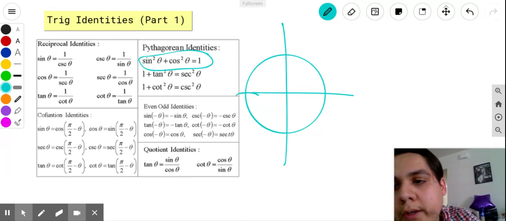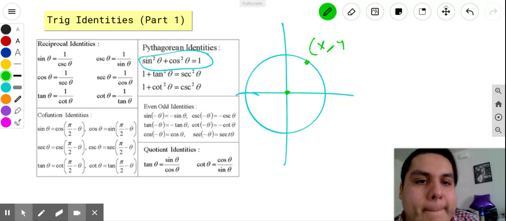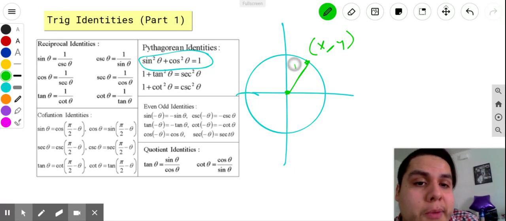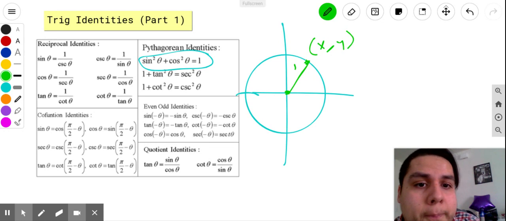Okay, then here's what I know. From this point all the way to any point on the circle, it doesn't matter what it is, x comma y, the hypotenuse, the radius, has to be 1. If I think about this as a triangle, the hypotenuse should be 1.